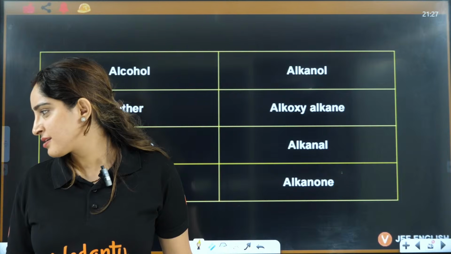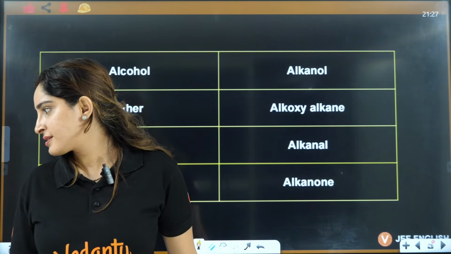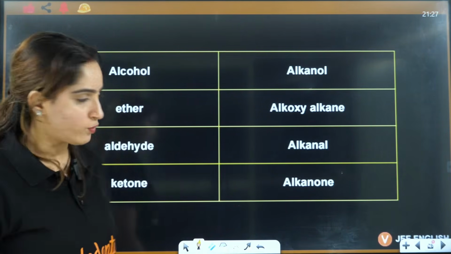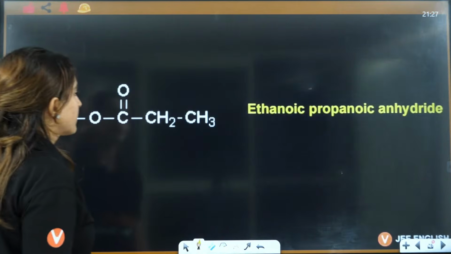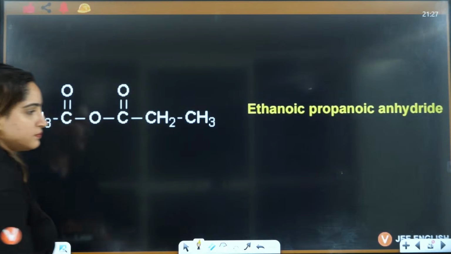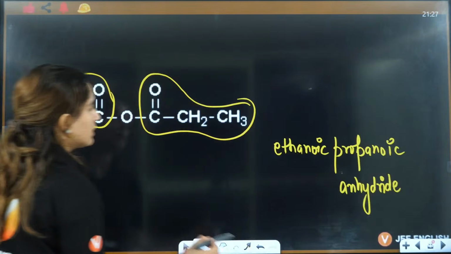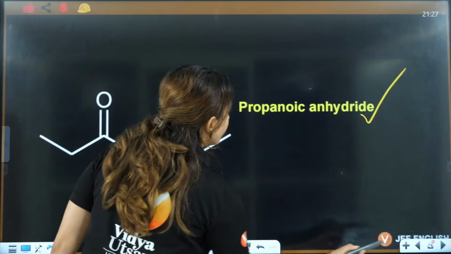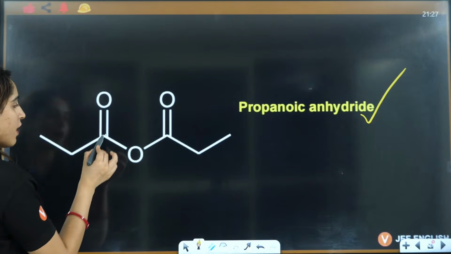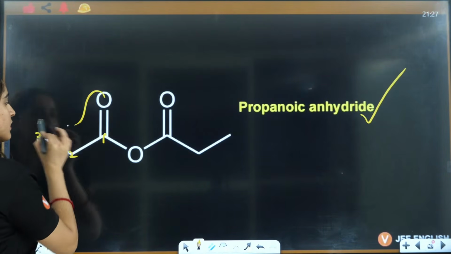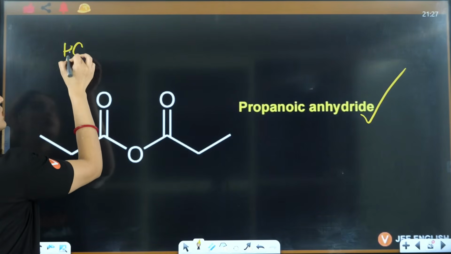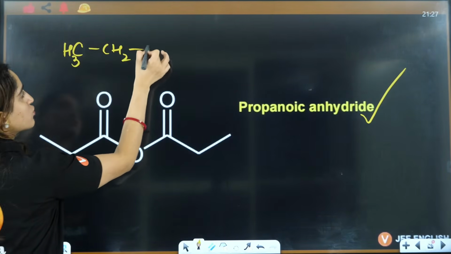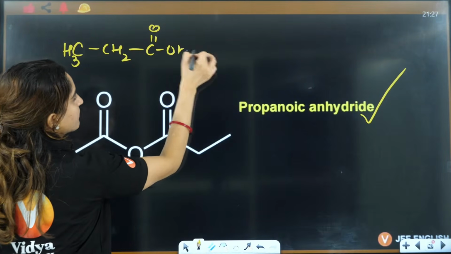Once again say, ma'am, propanoic anhydride. Okay, propanoic anhydride. Wait a minute. See, this one is made up of 1, 2, 3 carbons here, that means propanoic. Simple thing is that you have CH3, CH2, C double bond O, OH.